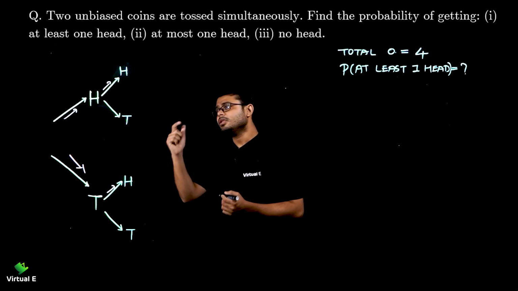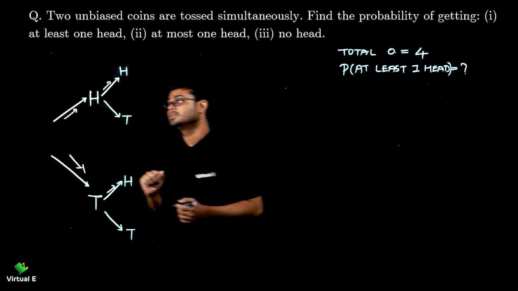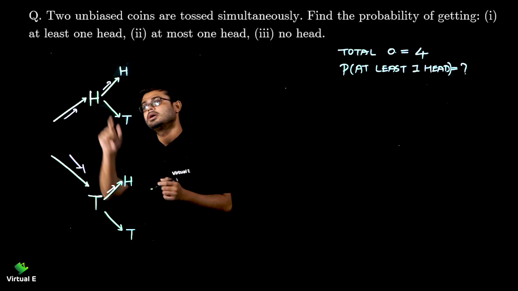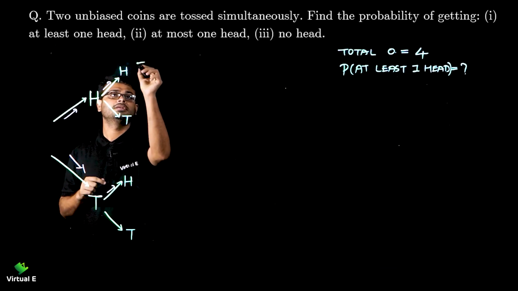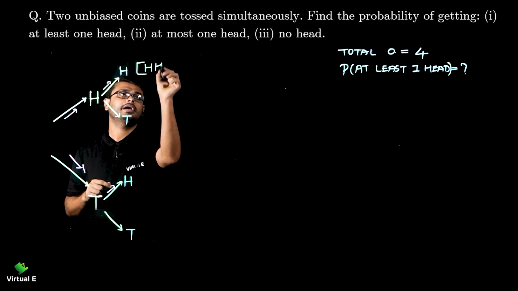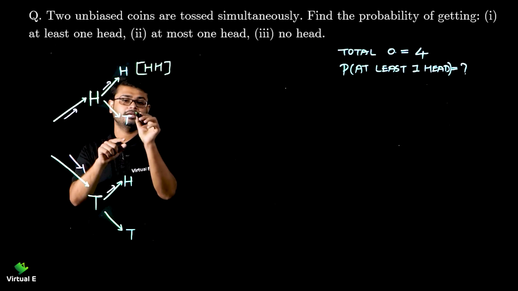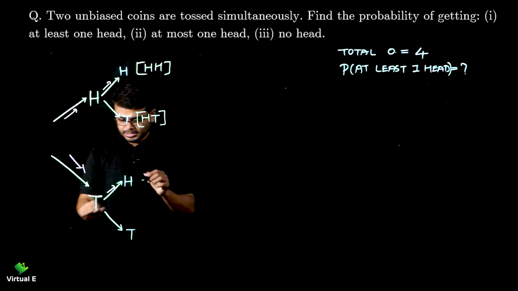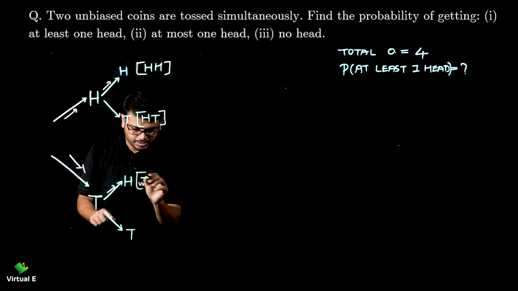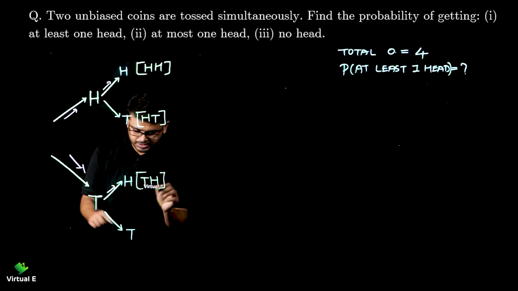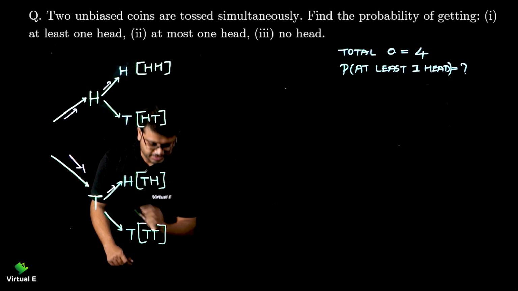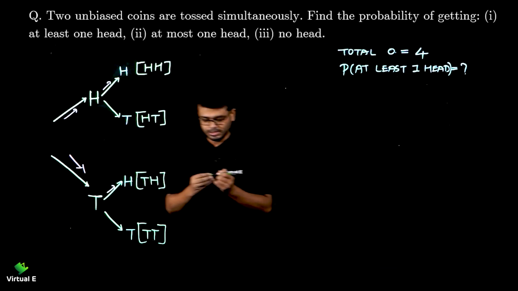So first of all, let's write the outcomes. We have already written that. One more time: head and head gives you HH, head and tail gives you HT, then TH, and TT. Done? Very simple.